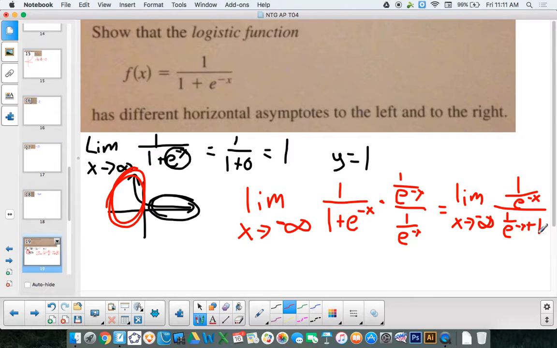As x goes to negative infinity, e to the negative x approaches infinity, so 1 over infinity approaches 0. That gives 0 over 0 plus 1, which is 0 over 1, which is 0. So the right asymptote is y equals 1, and the left is y equals 0.